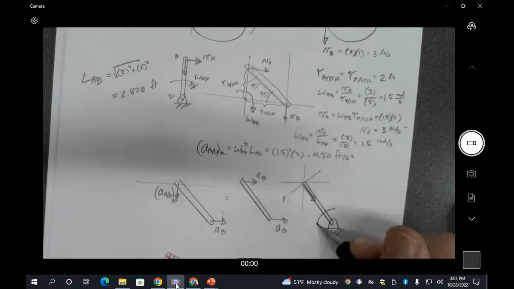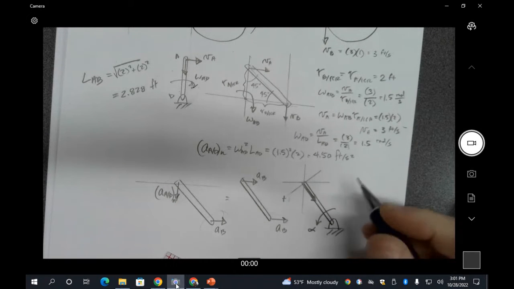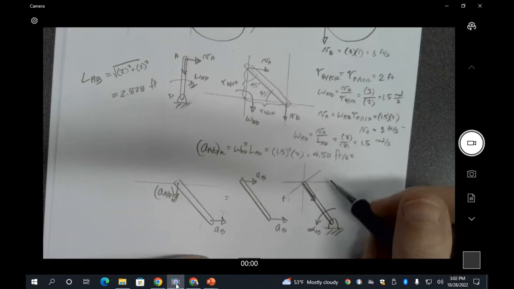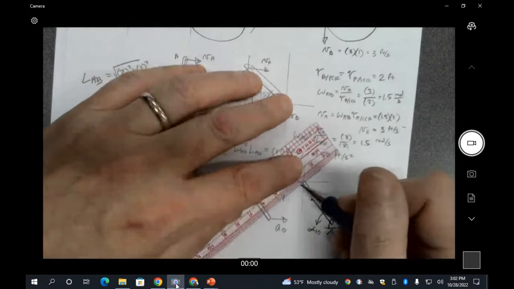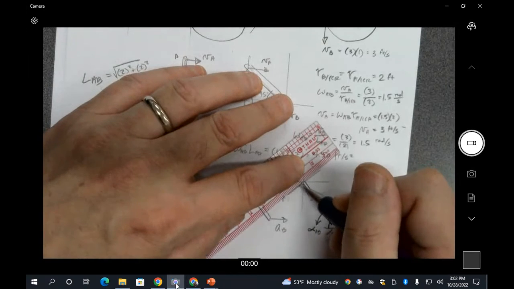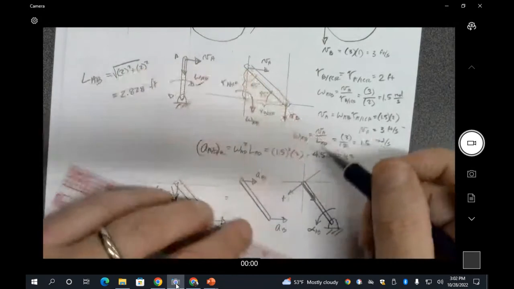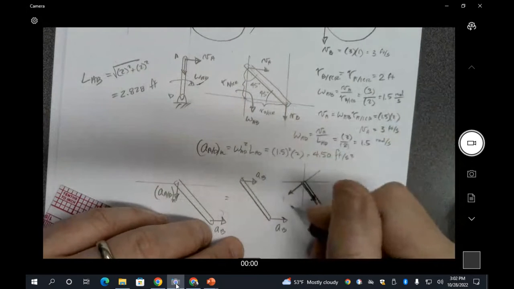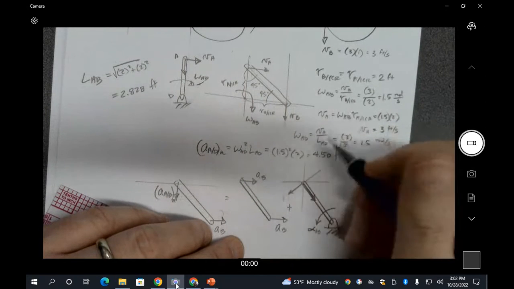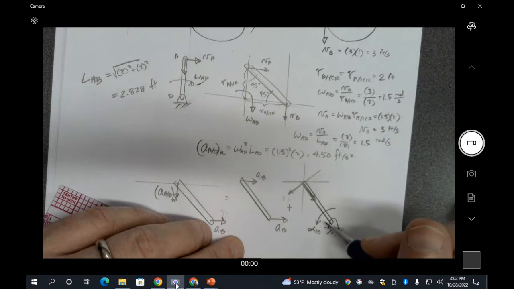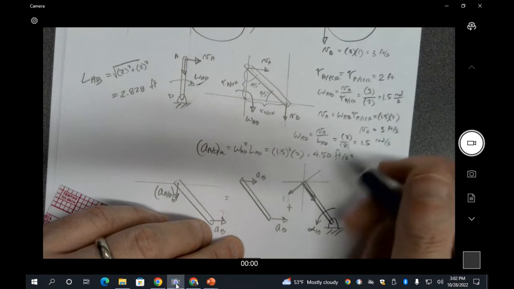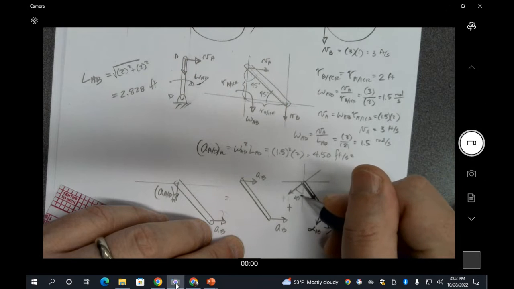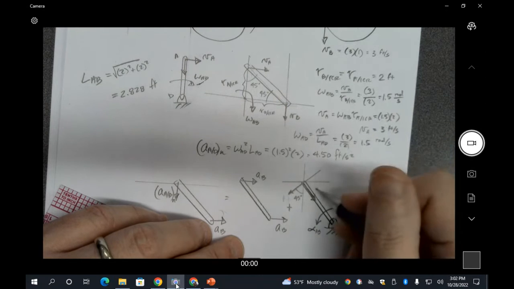We don't know the angular acceleration here, so this is AB. I'm going to assume it's in the counterclockwise direction. We know all those are 45 degrees. I think I'm going to go ahead and label this one even, and then use that as the basis for all the other stuff.